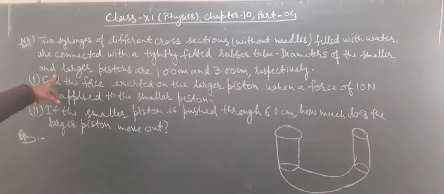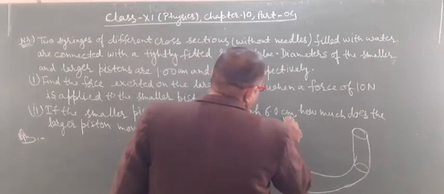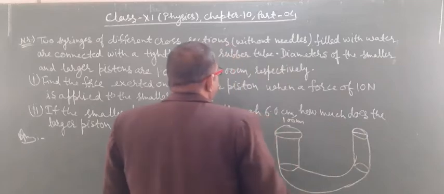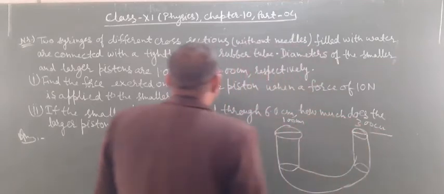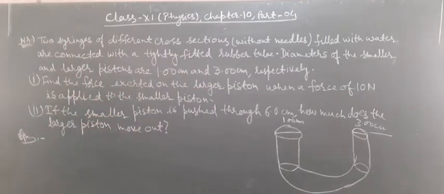The diameter of the smaller and larger pistons are 1 centimeter and 3 centimeter respectively. If the smaller diameter is 1 centimeter, then the larger diameter will be 3 centimeter. Find the force exerted by the larger piston when a force of 10 Newton is applied on the smaller piston.